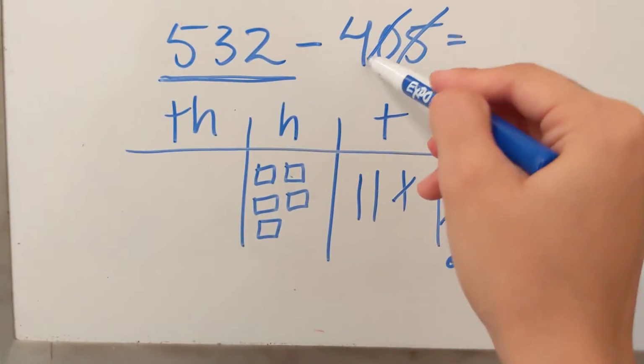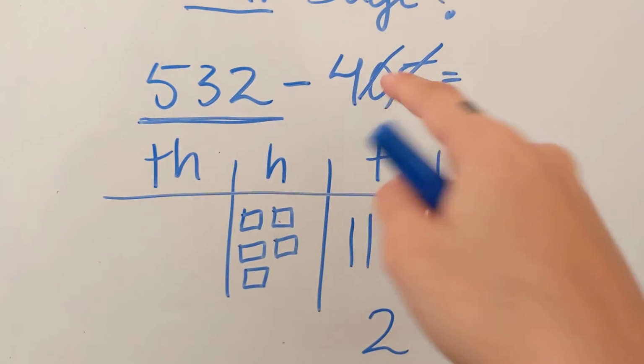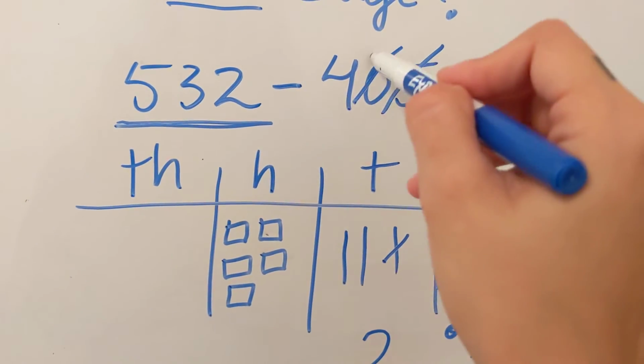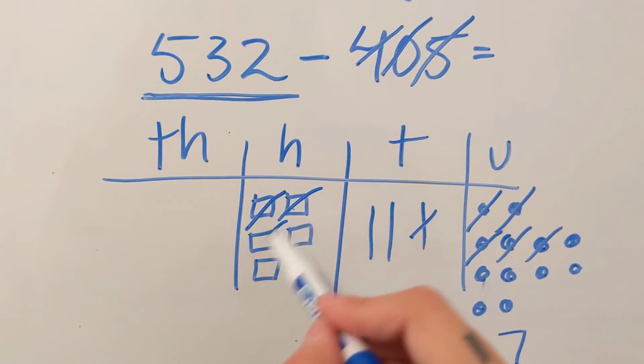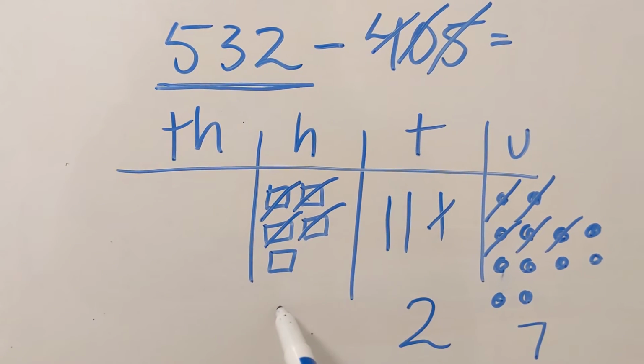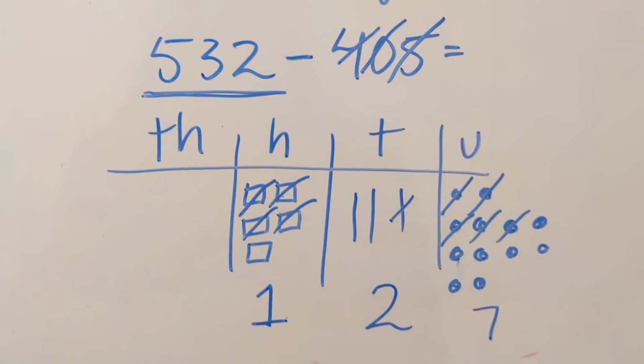I have to take away 0 tens, so it's going to stay like that. I don't take anything away because it's 0. And then I have to take away 400: 1, 2, 3, 4, and that will leave me with 127.